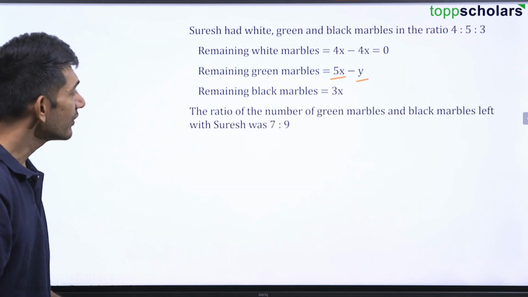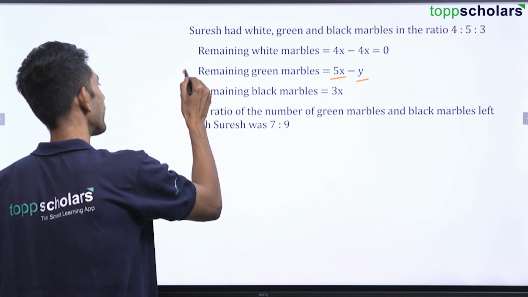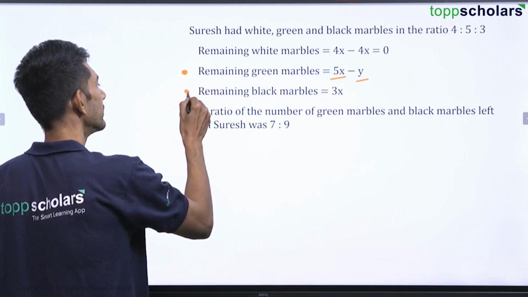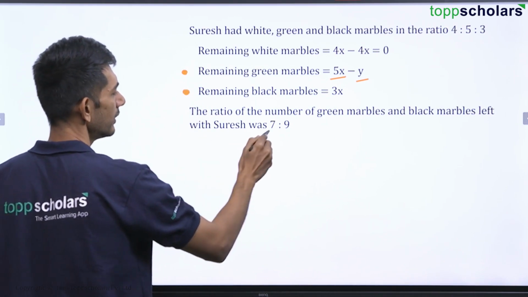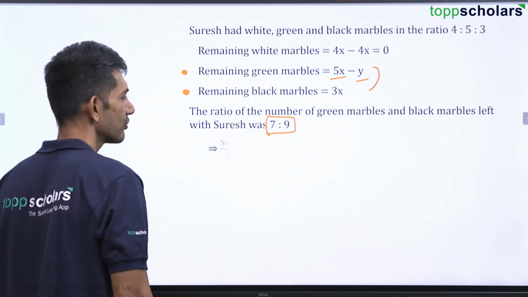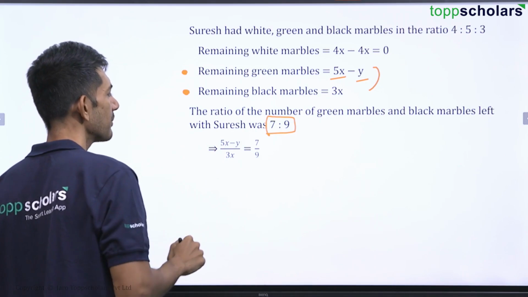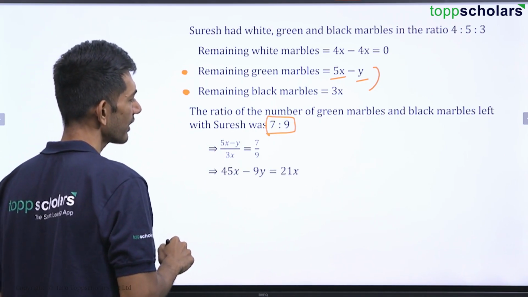Now what they are saying, the ratio of the number of green marbles to that of the black marbles is 7/9. So can I say (5x minus y) by 3x is equal to 7/9? Cross multiply: 9 into (5x minus y) is equal to 7 into 3x.